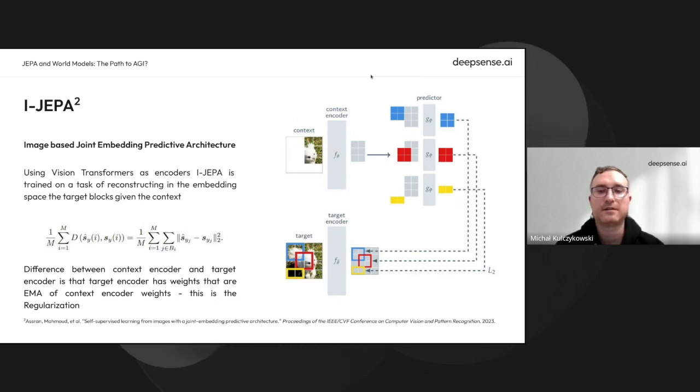The loss is a simple L2 distance loss for this example, and in order to prevent the collapse, there is this approach, the regularized approach, using the exponential moving average of the context weights in the target encoder.